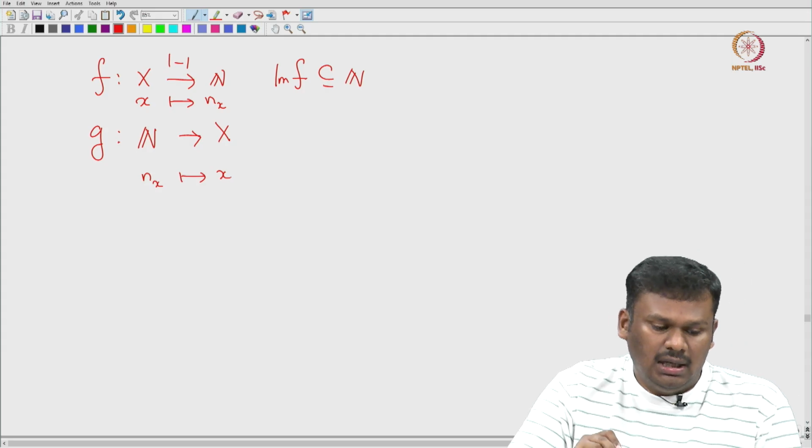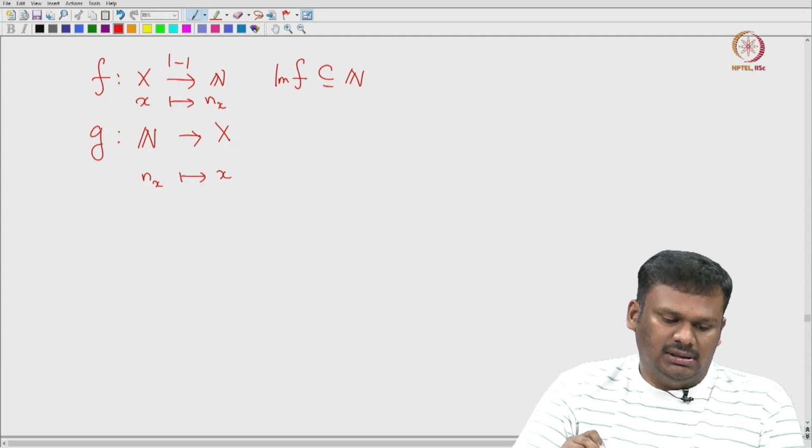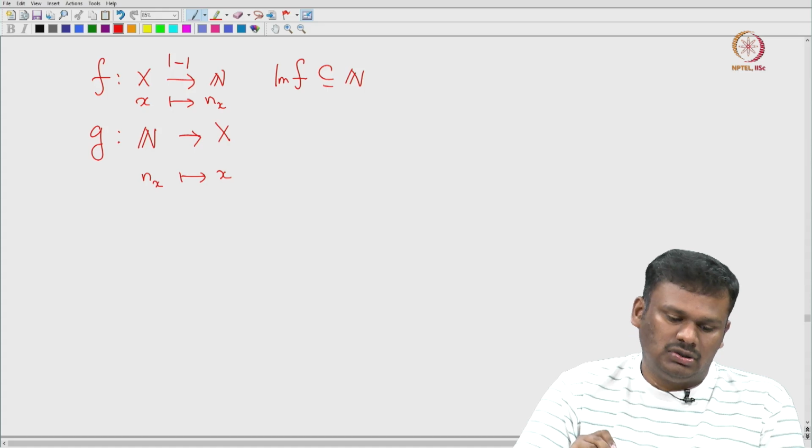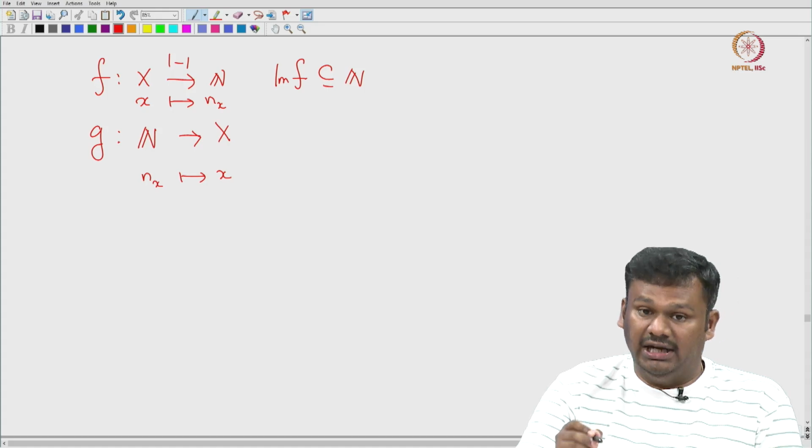Because f is injective, this map n_x goes to x is a well defined map.